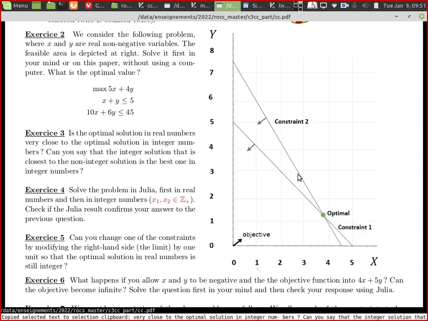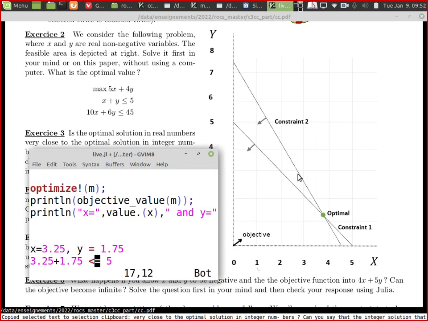You follow me? Okay. Really don't hesitate to stop me. On the second constraint, I have 10x plus 6y less than 45. Let me replace x, 3.75, 6, 1.25. What is this?